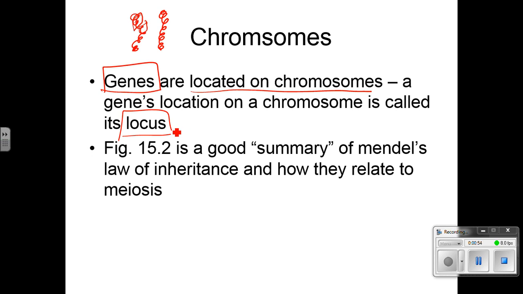I'm going to show you a handout that shows some of your 22 pairs of chromosomes plus your sex chromosomes, what genes scientists have already identified, their locus, what chromosomes they are located on and where on that chromosome. So chromosomes are just a bunch of coiled up DNA. If you take that out and stretch it, it's going to be that double helix structure of DNA.